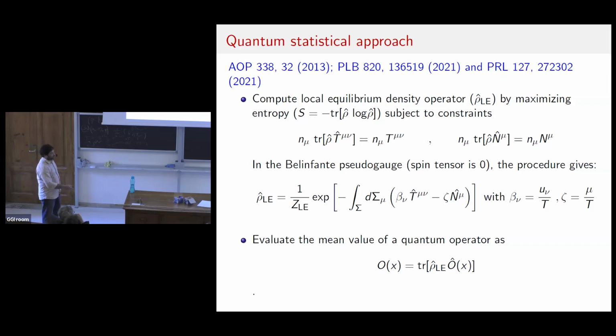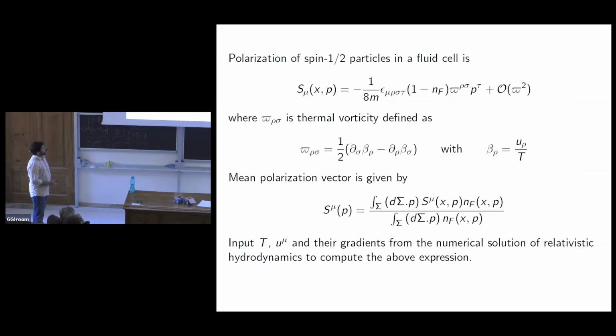Right, once we have the density operator, we can compute the mean value or expectation value of any quantum operator by taking the trace with the density operator. And this exercise yields this formula for the spin polarization of spin half particles, and it is found to be proportional to thermal vorticity at the leading order. Now, the thermal vorticity is defined here, where beta is called the four-temperature.